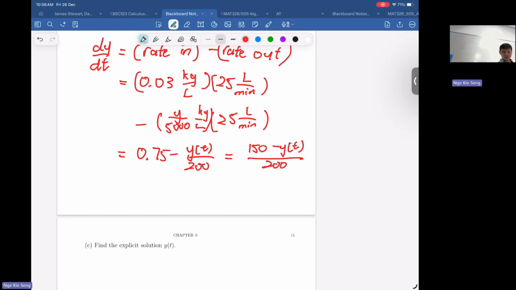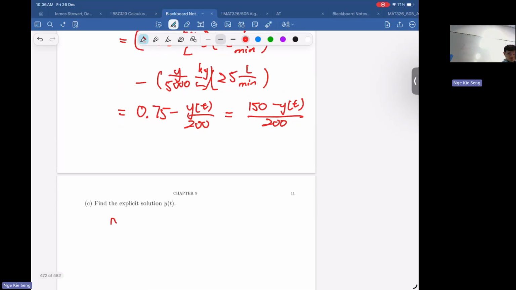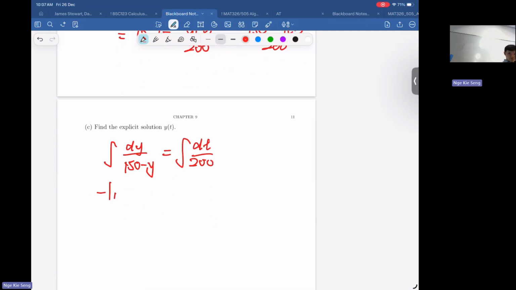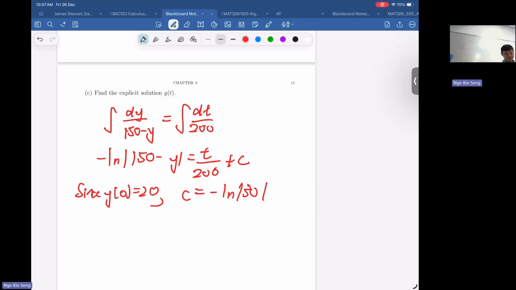Okay, so what do you get? Do you get anything? The solution you get is 50 minus y over 100, you get negative ln of 150 minus y. And if you use the initial value, we found that c equals minus ln 130.